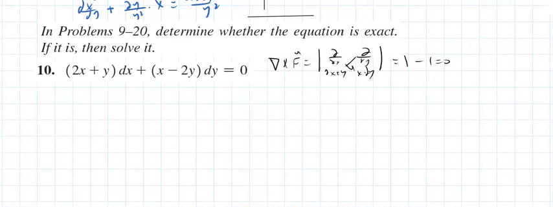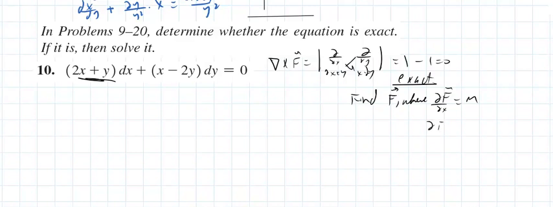You're saying if it is exact, that means I can find a function f where if I take the partial of f with respect to x, I'll get m, which is this. And if I take the partial of f with respect to y, I will get n, which is this.